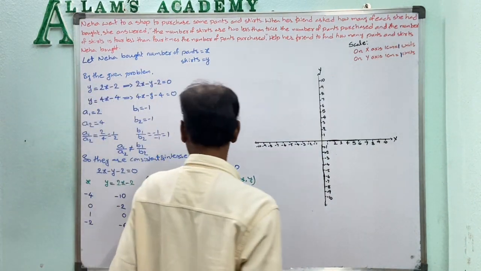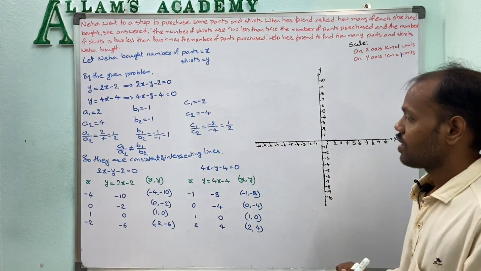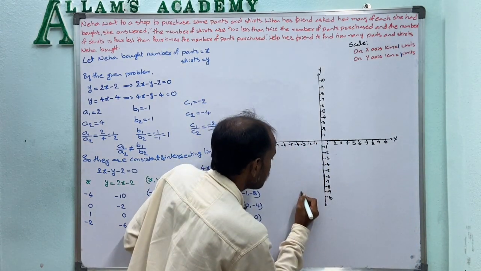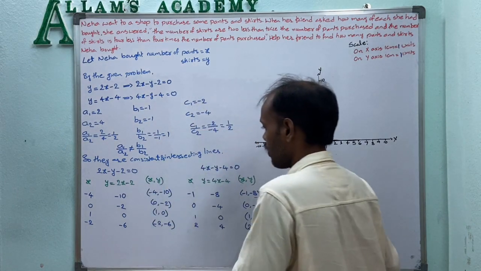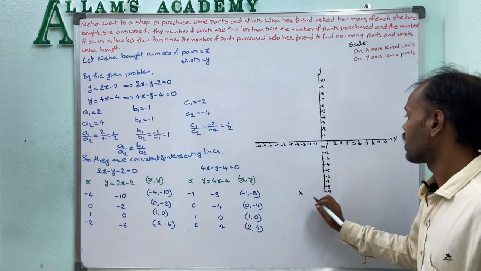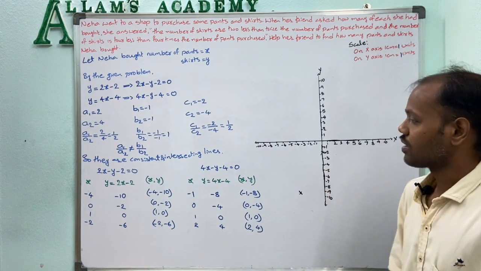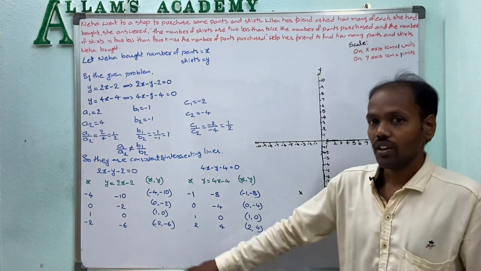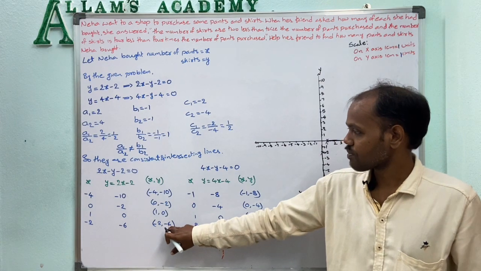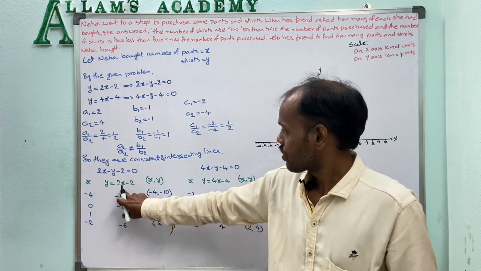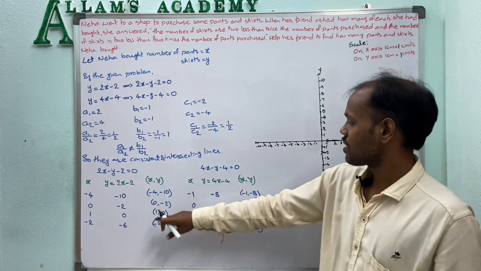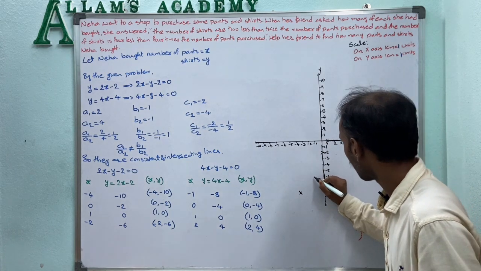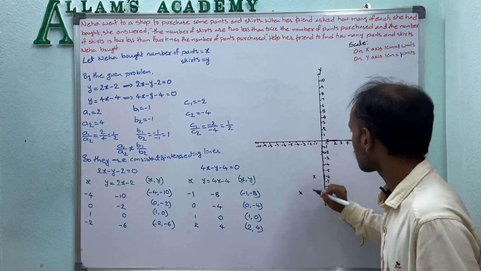Now if we look at these points on the graph: the first one is minus 4, minus 10. Next, for 0, the corresponding y coordinate is minus 2. For 1, the corresponding y coordinate is 0, that means it is on the x axis. For minus 2, the corresponding y coordinate is minus 6.